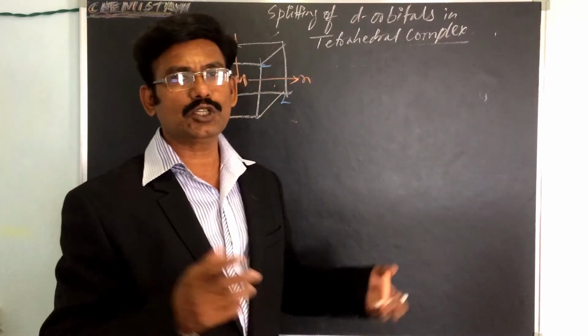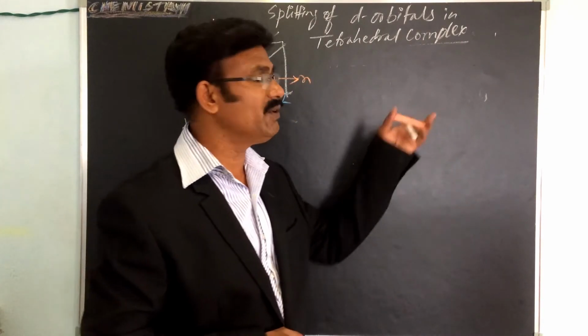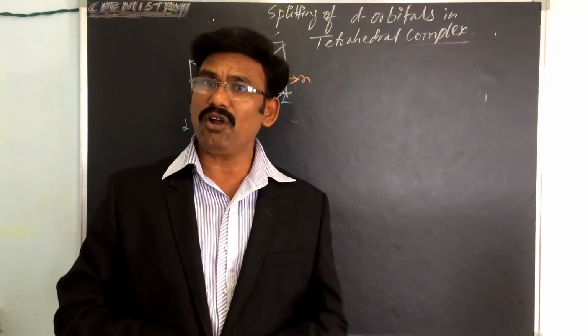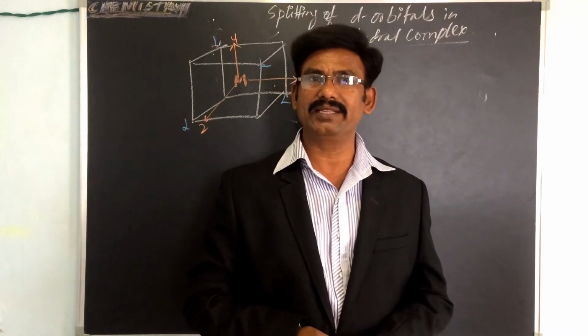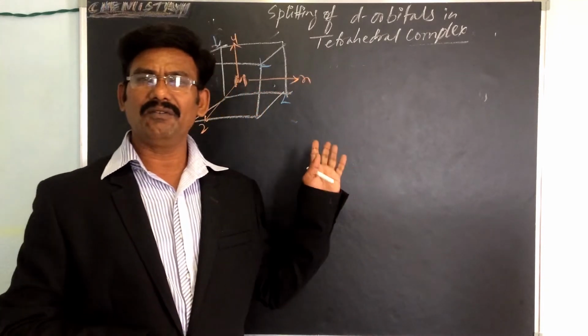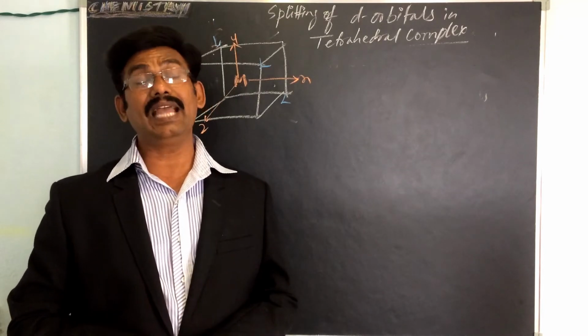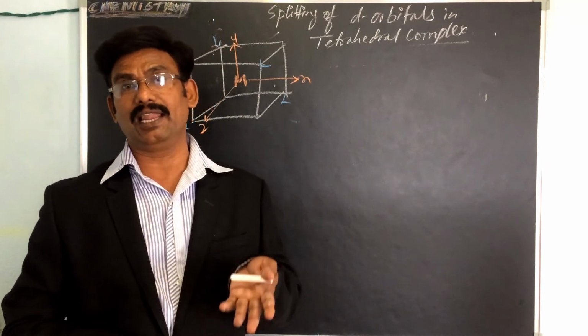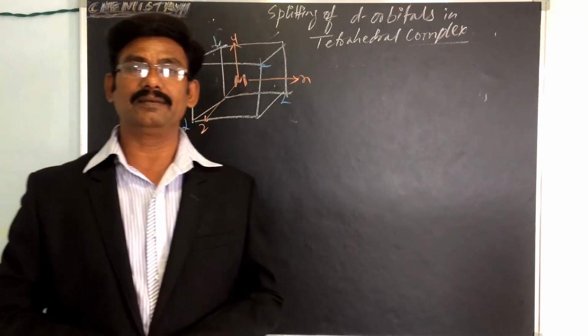However, calculation shows that dxy, dyz and dxz, the non-axial orbitals we saw in yesterday's class, are close to the ligands, then the axial orbitals dz square and x square minus y square.